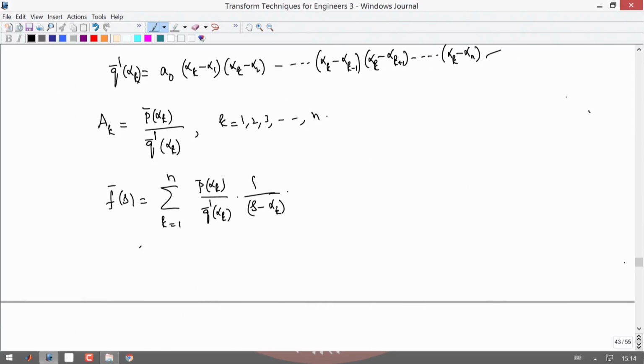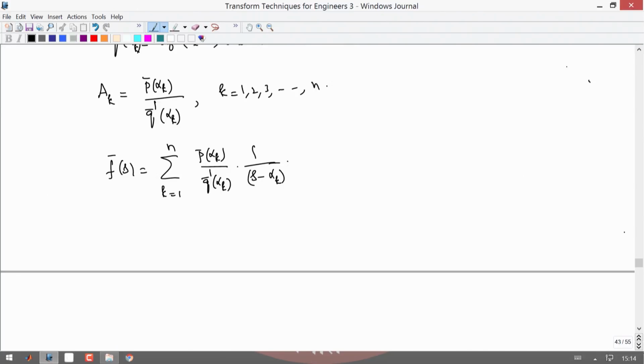So, from which you can get this finite sum, and I know the inverse transform of this.